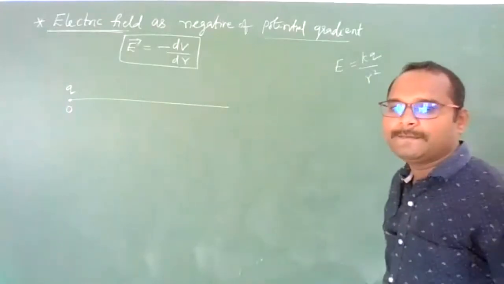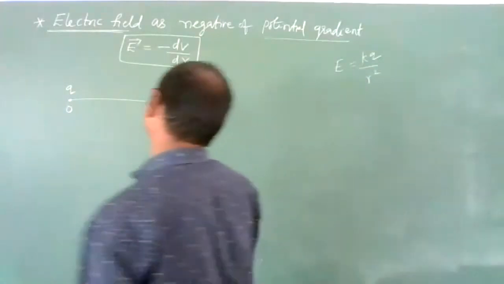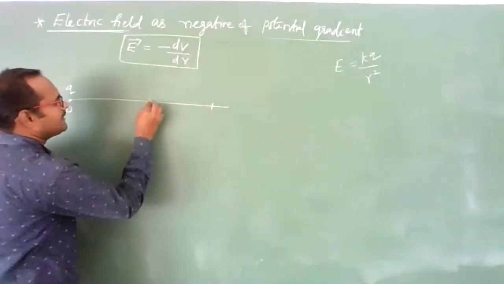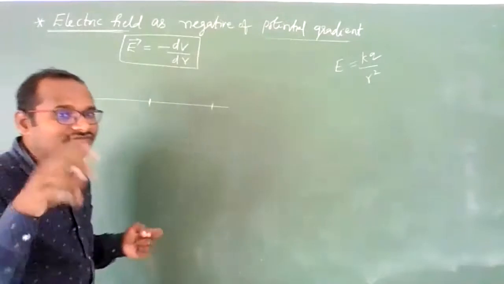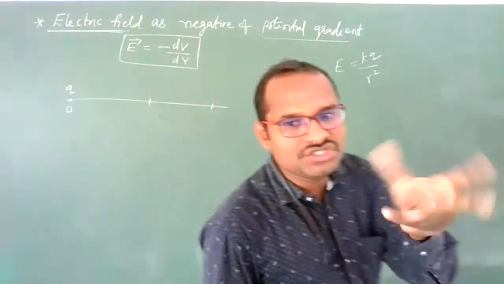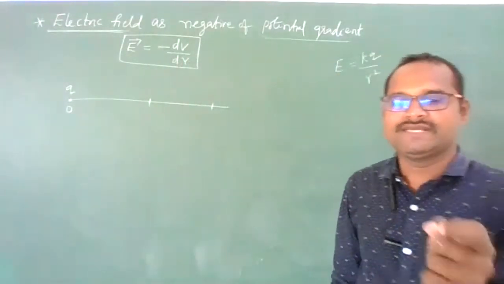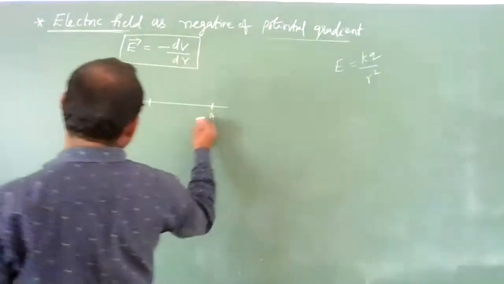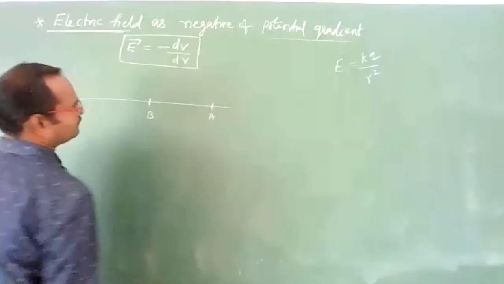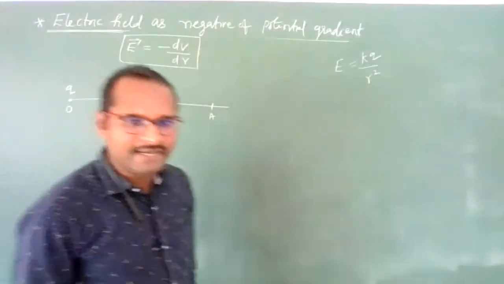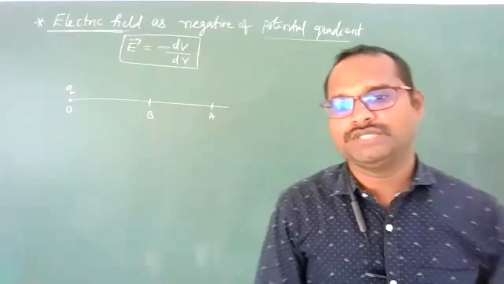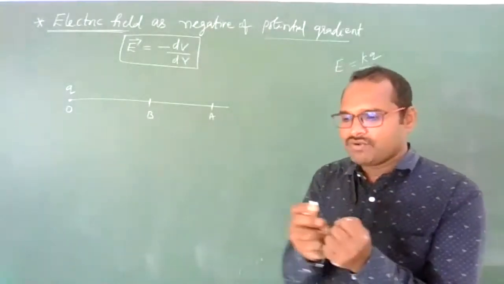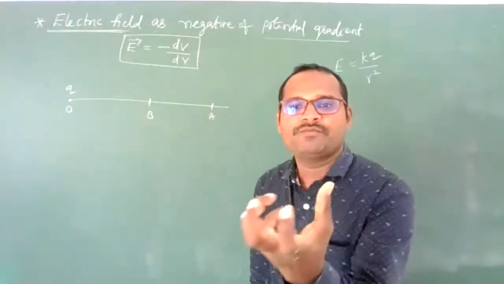Now, let us consider any 2 points in the field of this charge Q, which is placed at point O. These 2 points I am taking as A and B. Whenever a charge Q is there, at one particular distance there will be one potential.